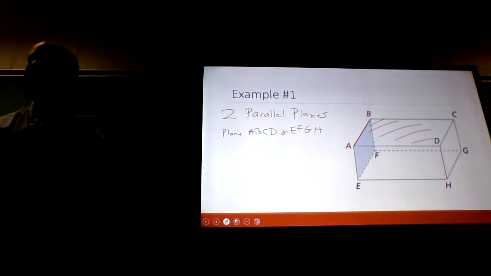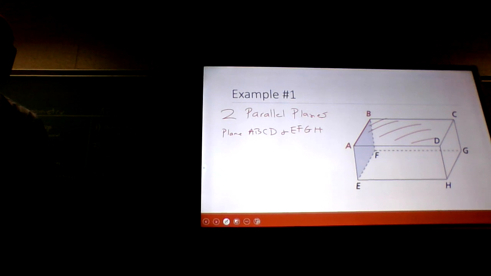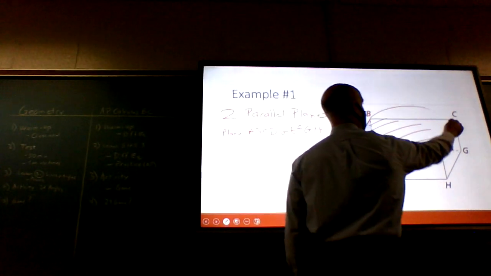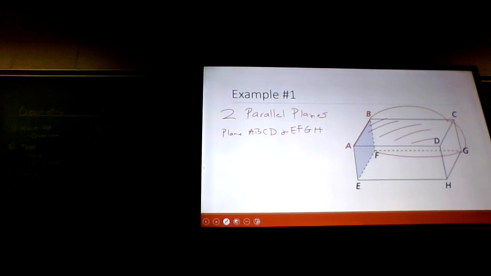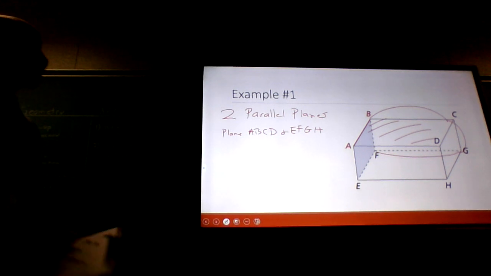The front. And then what other one? BCGF. Just keep going all the way around. So go from here to here to here to there. Does that make sense? Good deal. That's exactly right. That's excellent.